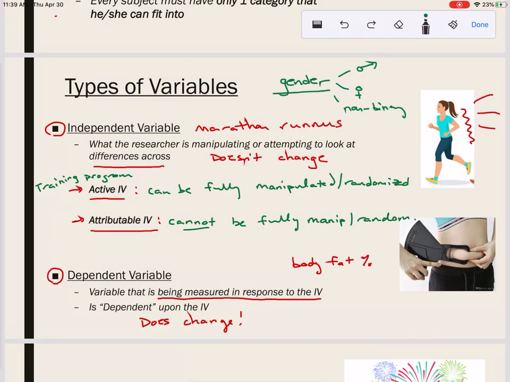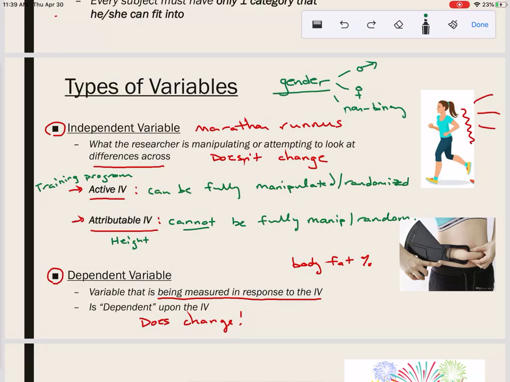So I could put some people on the interval training program, and I could put some people on the foundation or base training program, versus an attributable variable. So there are actually quite a few things that can be fully manipulated or randomized, and therefore can be active independent variables that we can use in true experimental studies.